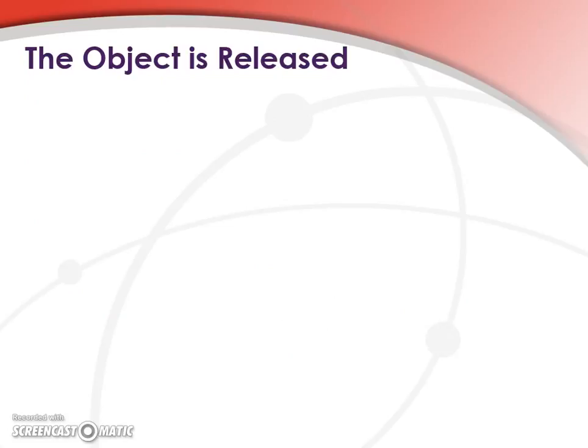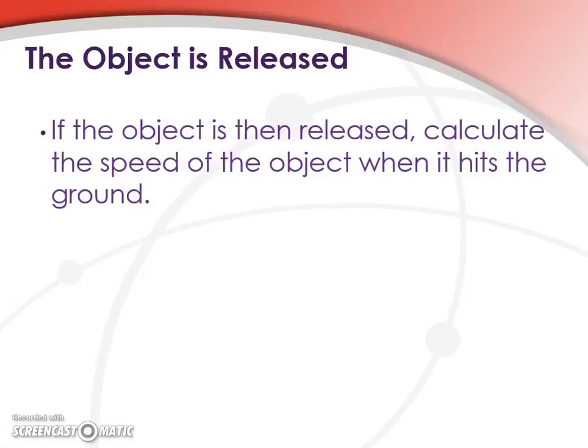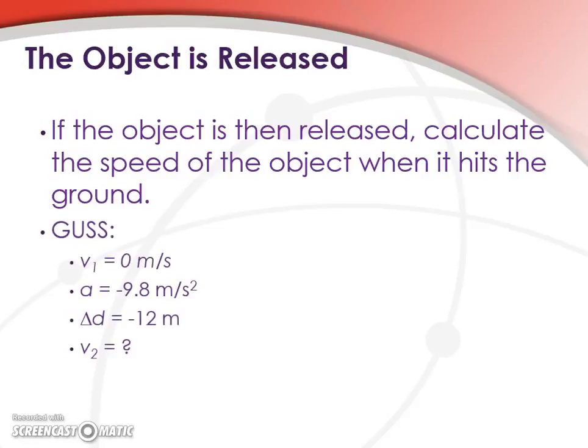Now we release the object, and we let it fall towards the ground. Now let's calculate the speed of the object when it hits the ground using our kinematics equations. So v1 equals 0 meters per second, the acceleration is negative 9.8 meters per second squared, and our distance is negative 12 meters from our original position.